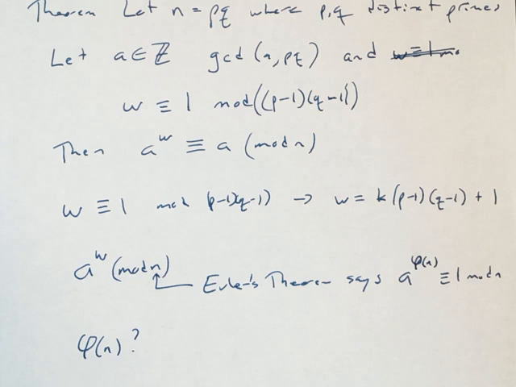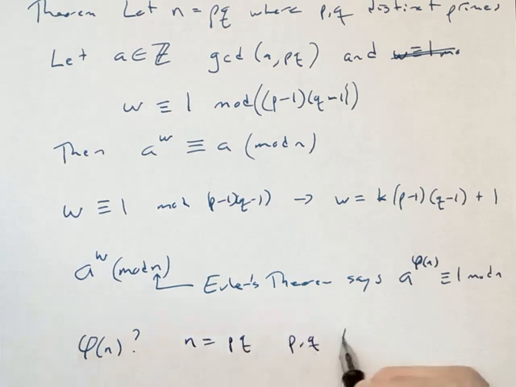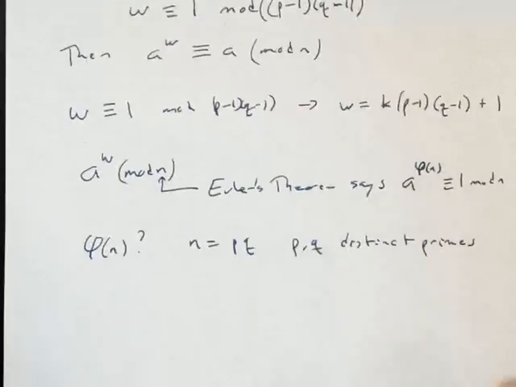N is the product of two primes. So let me see if I can figure this out from a couple short examples. Let's go with two different prime numbers. We'll use small ones. How about we use 2 and 5? I think 2 is too easy. Let's use 3 and 5.